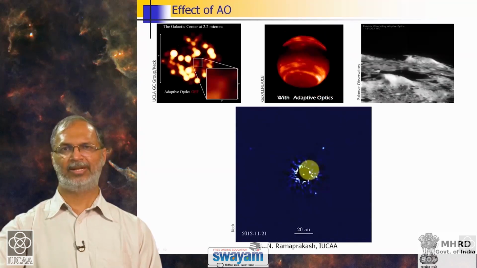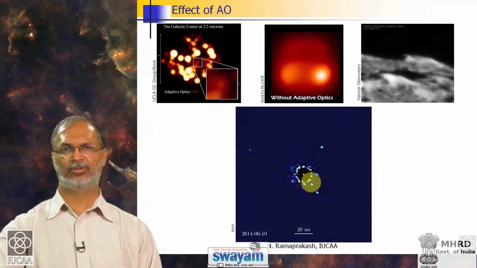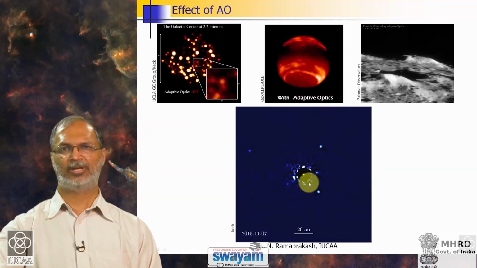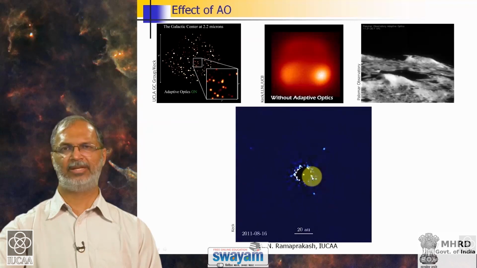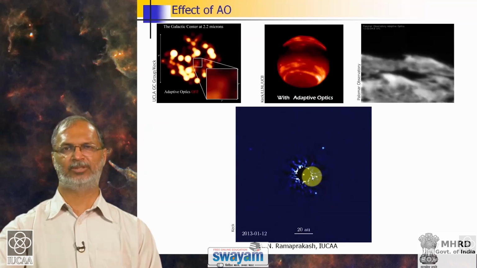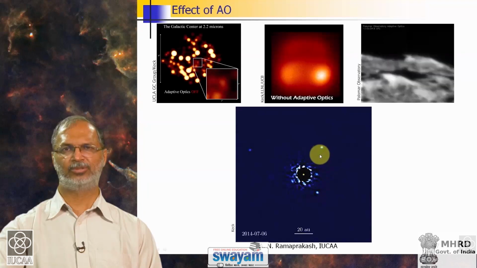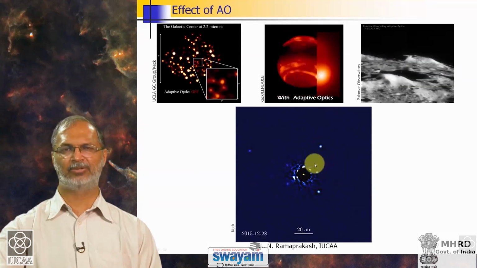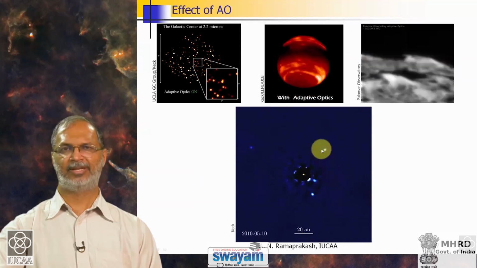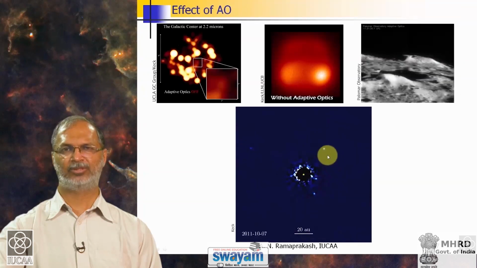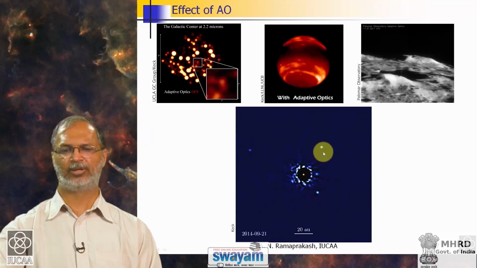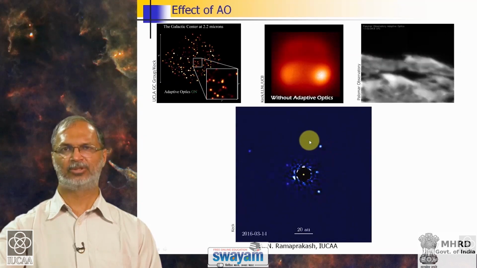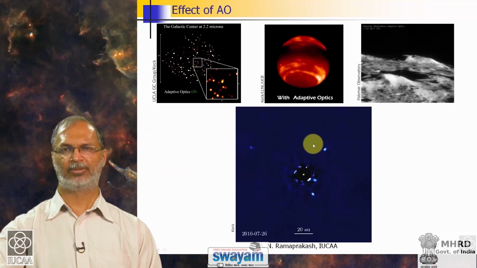So, what is done here is, using an instrument called a coronagraph, you have blocked out the light coming from the star, and using a very powerful adaptive optic system which allows you to see objects very close to the star, and taking images with that adaptive optic system on that large telescope, you can see the planets moving around. You can see the motion of the planets around that star.